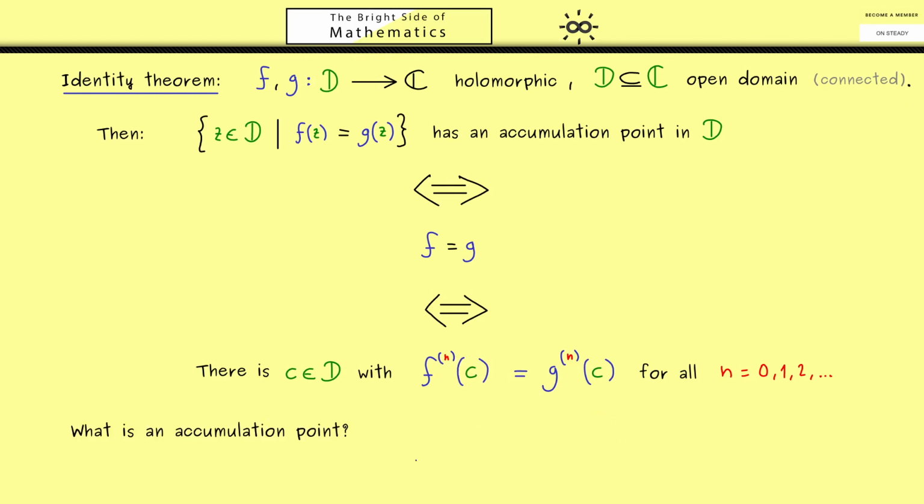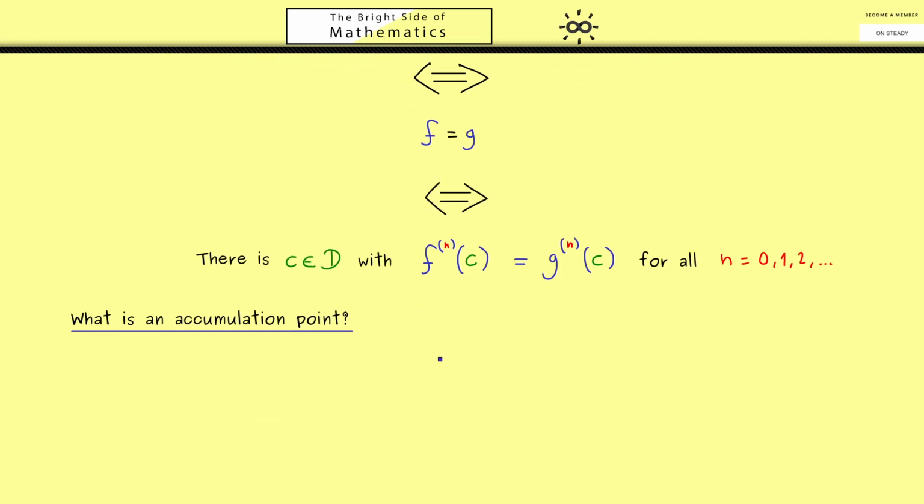Okay, now before we prove this fact, let's first talk about the important concept in this theorem, the concept of an accumulation point. So in order to apply this theorem, you actually have to know what an accumulation point in D is. Therefore, let's write down the definition here.